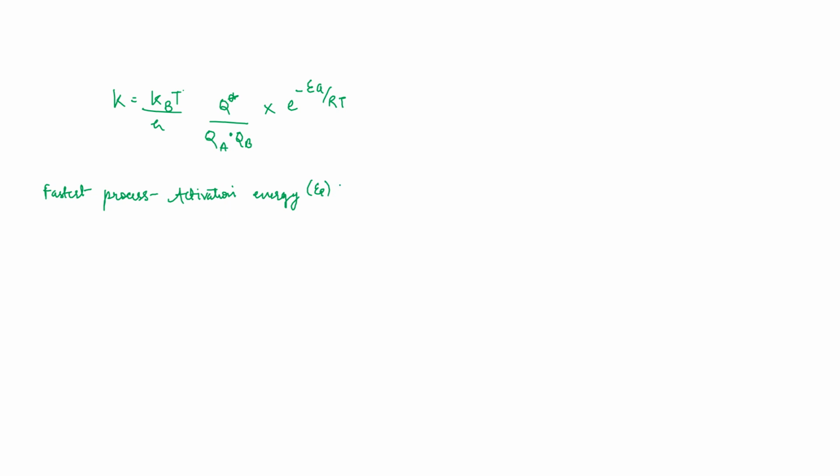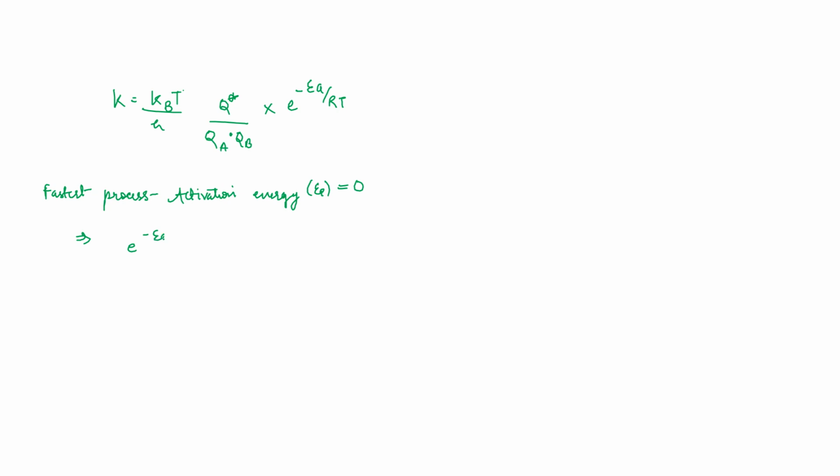I'll take a fresh page where we can first write the equation: K is equal to k_B T by h, Q star upon Q_A into Q_B, into e to the power minus E_A by RT, for the fastest process, where the activation energy E_A is equal to 0.